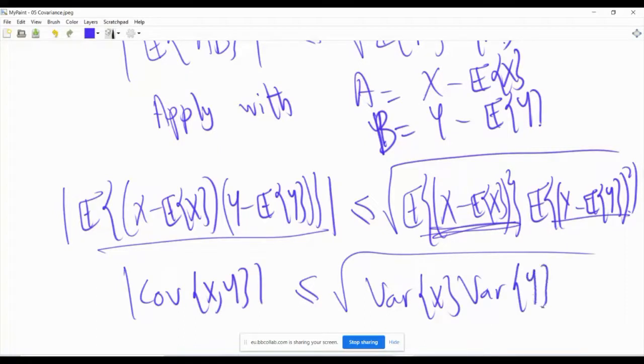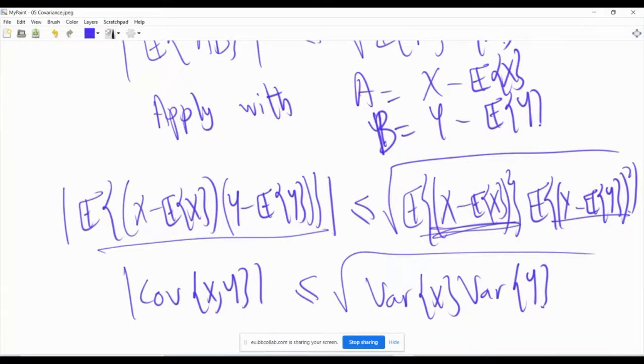That's it. So this is the idea behind the correlation coefficient: using the Cauchy-Schwarz inequality, you can show that the magnitude of the covariance is less than or equal to the square root of variance x times variance y. Hence if you take the covariance and scale it by dividing by the square root of variance x and the square root of variance y, what you get is something that is always less than or equal to 1 in magnitude. It's bounded, something nice, between -1 and 1.